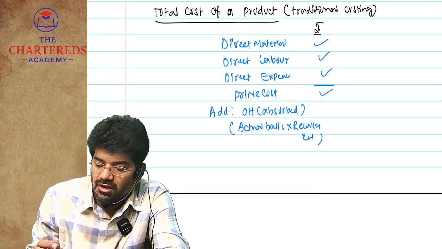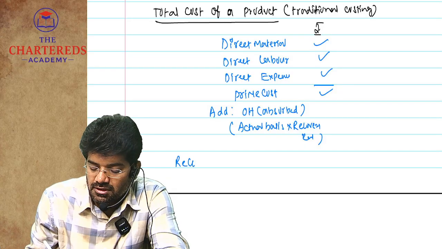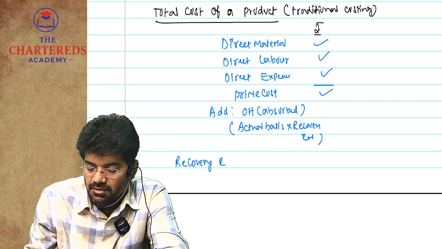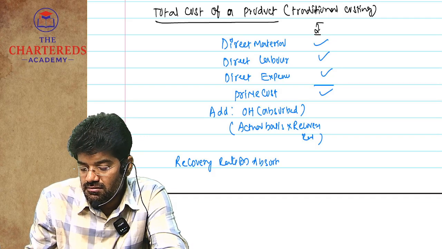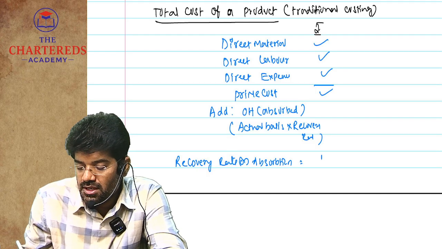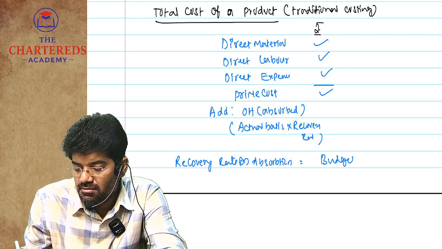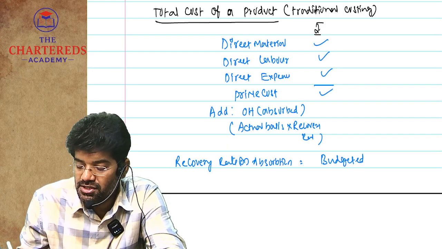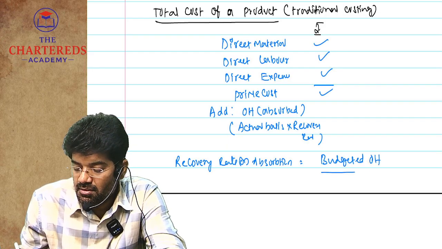How did this recovery rate come to us? We called it the recovery rate or absorption rate. Budgeted overheads based on previous period plus inflation, divided by budgeted volume of the base.